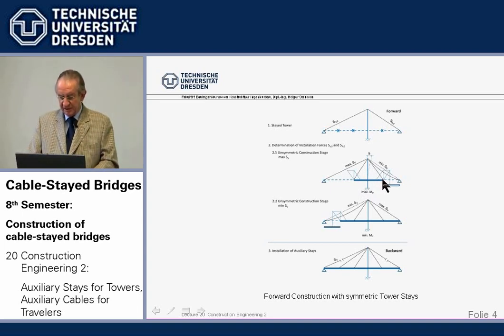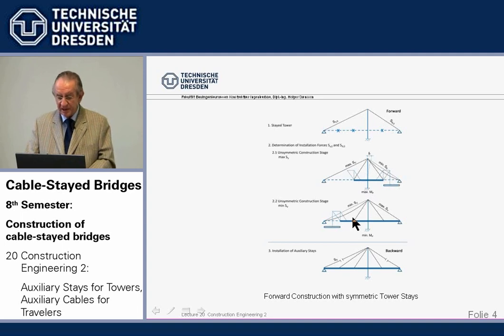Governing is here for the side span loading, the before closure here at the side span, so lifting the element with the biggest lever arm, say 300 tons, which means we have the biggest force in this backstay cable. So in there is the maximum force from lifting plus a minimum force for, say, post-tensioning at the beginning.